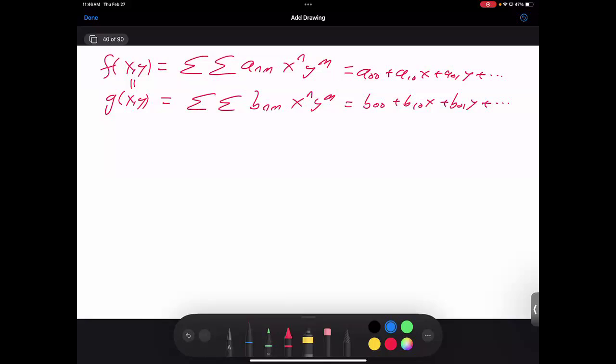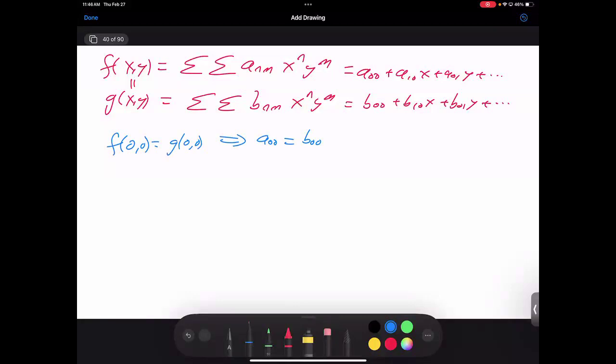Every coefficient, yeah. How? So what coefficient can you get first? A00, B00. Yeah, how do you get the constant terms are the same? You plug in x and y equals 0. So f00 equals g00 implies a00 equals b00.